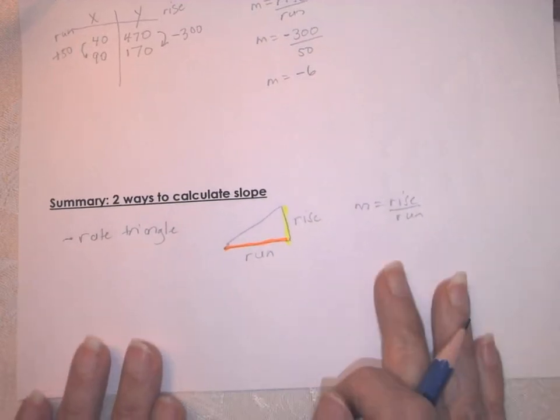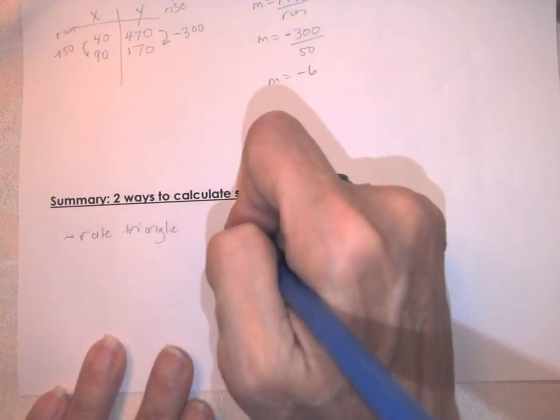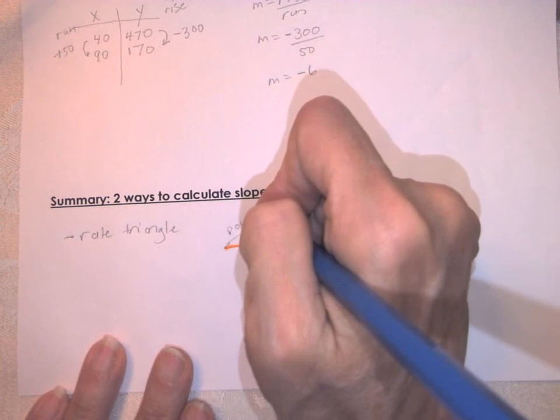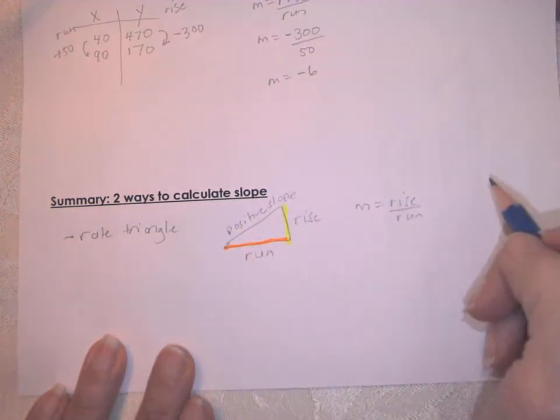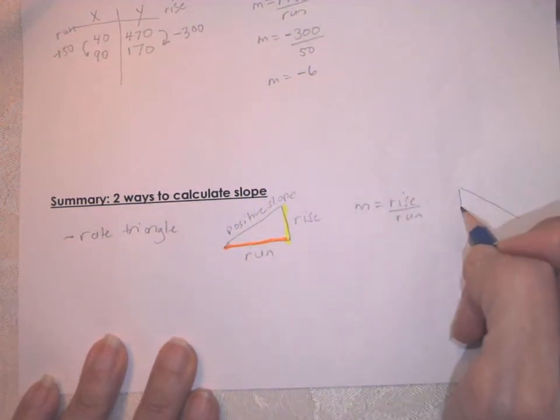And just keep in mind that this is a positive slope. And then this would be a negative slope.